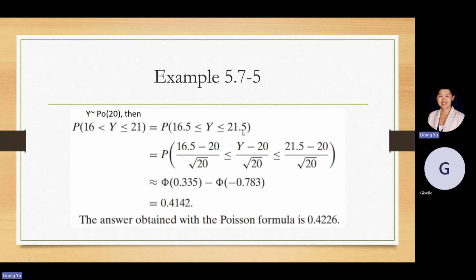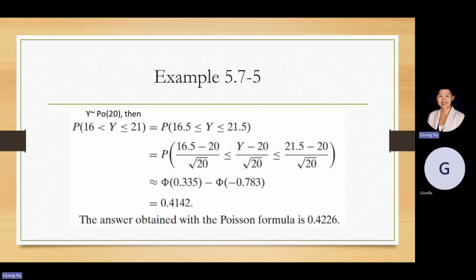That way those integers are in the range, and we convert the numbers by subtracting the mean and dividing by the standard deviation, converting it to a normal distribution question. Then with a normal distribution table we can find the probability, which is close to the Poisson formula answer, but not exactly equal. It's a pretty close approximation.